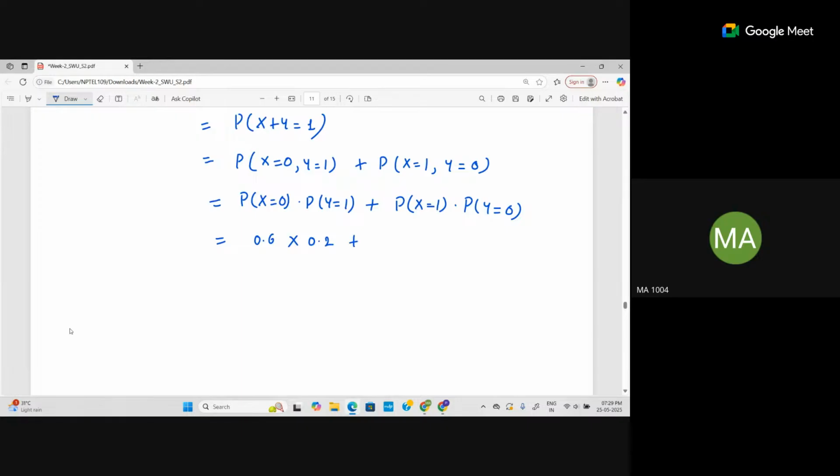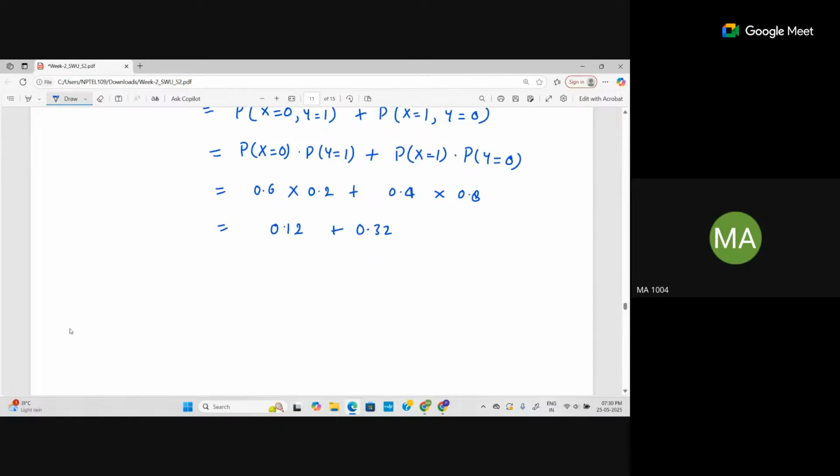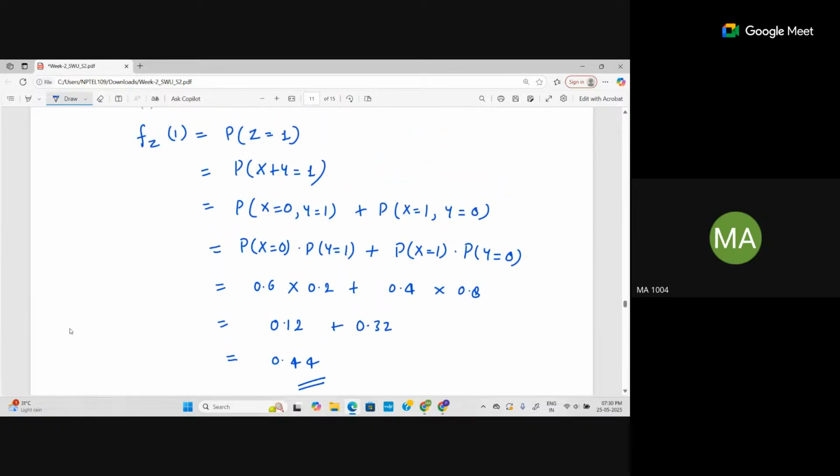Then when X is 1, it will be 0.4, the probability of success, and when Y is 0, it will be 0.8. So 0.12, 0.32, so 0.44. Okay, is it clear? Yes, ma'am.